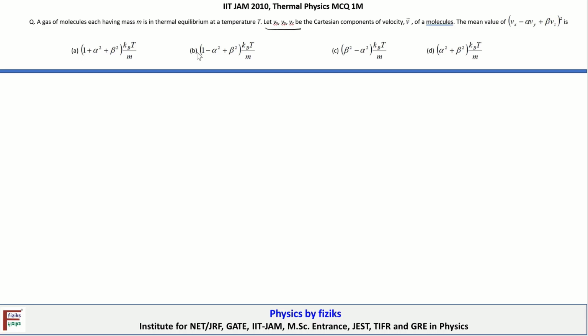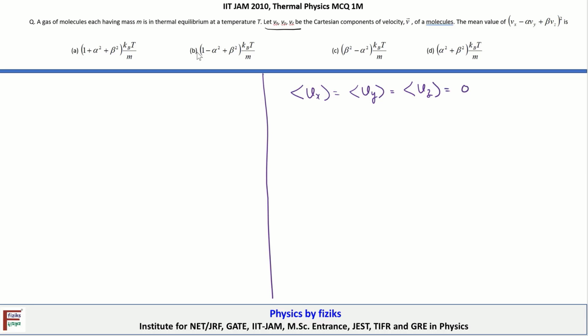Okay. So before we handle this question, let me give you some important results that you need to remember, and then you can handle this kind of problem very easily. In the theory we have learned that the average of Vx is equal to the average of Vy, which is equal to the average of Vz, and that is equal to 0.